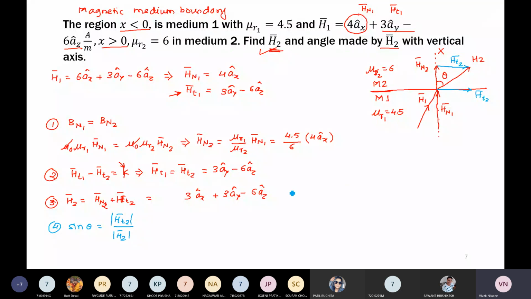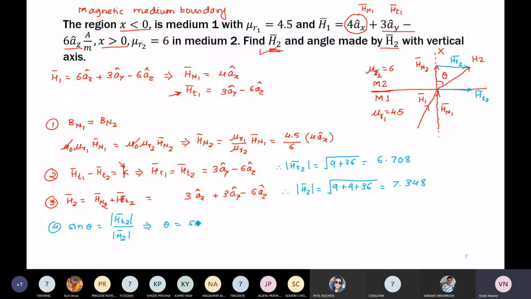We have H2, therefore the magnitude of H2 bar is the square root of 9 plus 9 plus 36, which gives us 7.348. We want the magnitude of Ht2 bar, which is the square root of 9 plus 36, giving us 6.708.